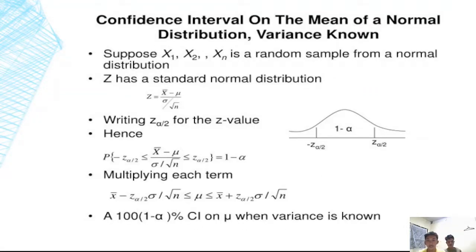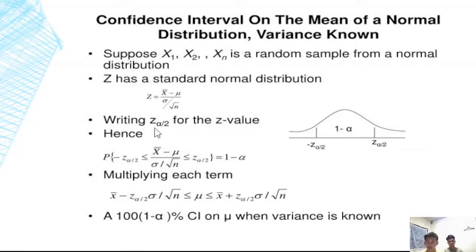Suppose x sub 1, x sub 2, up to x sub n is a random sample from a normal distribution. Z has a standard normal distribution. This is the formula of the standard normal distribution: Z is equal to x bar minus mu all over sigma over square root of n.